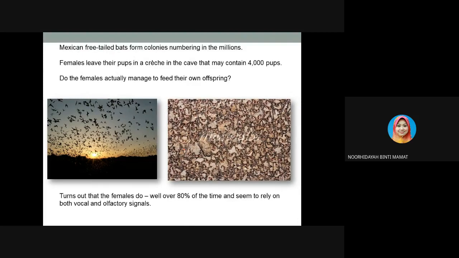The females can discriminate their own offspring well over 80% of the time, and seem to rely on both vocal and olfactory signals. So the female can recognize their own offspring by using the vocal and olfactory signals from them. So 80% of the time, the females manage to feed their own offspring.